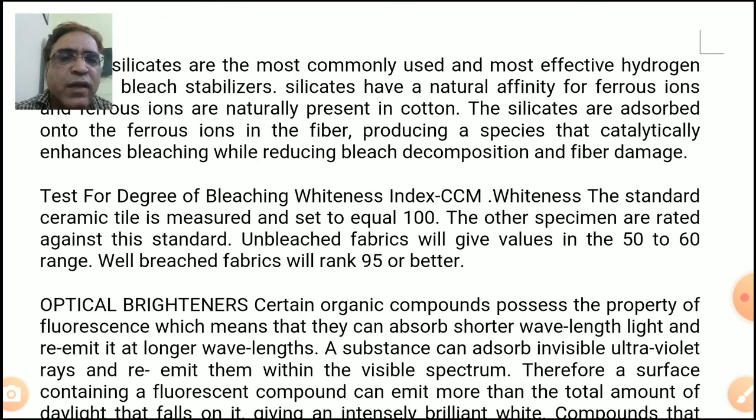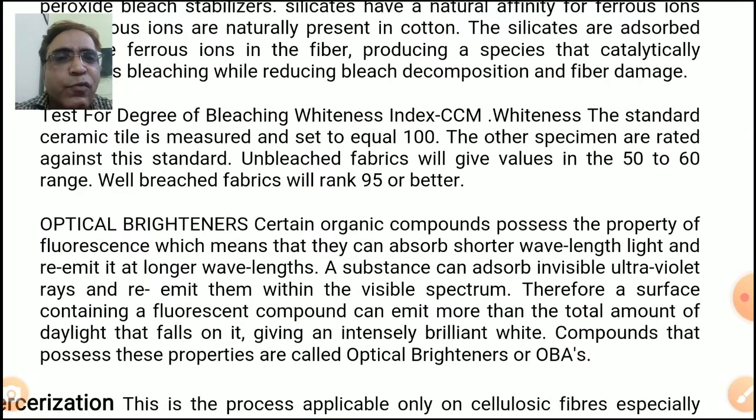Alongside that, to improve the luster of the fabric, we can also use optical brightening agents, to improve the reflection of light from the fabric surface. As the smoothness of the fabric increases, the brightness property also increases. So these were the two very important processes for the preparation of the cloth for printing. This I have discussed today with you. Thank you very much.